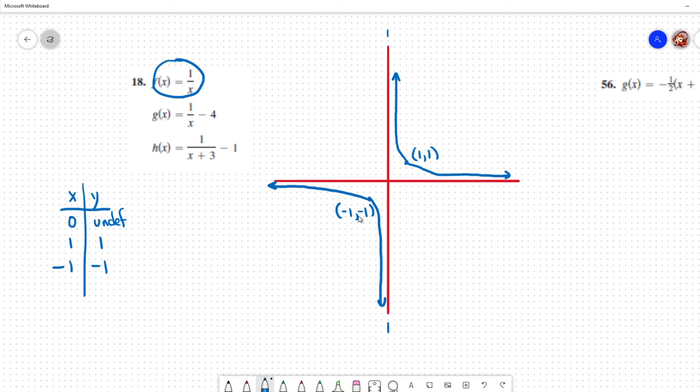So there's my parent graph. When we graph, we want to make sure that we plot 3 points of interest.